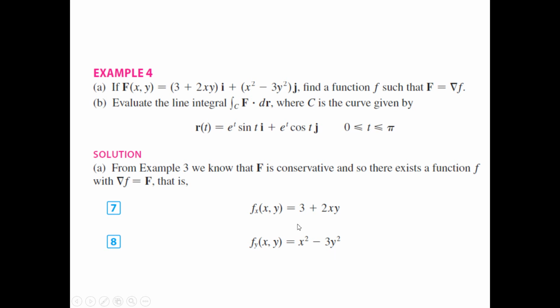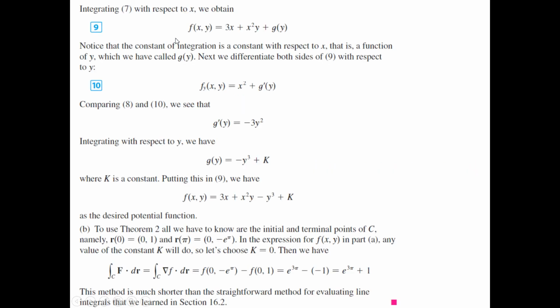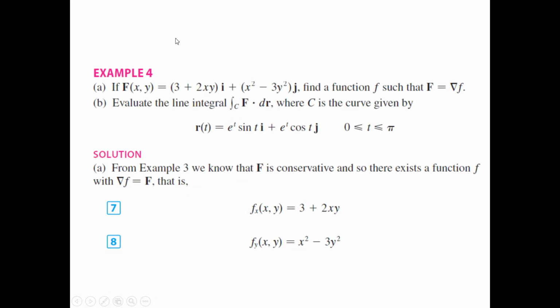Now we'll partially integrate in order to find f. So first we'll integrate f_x.